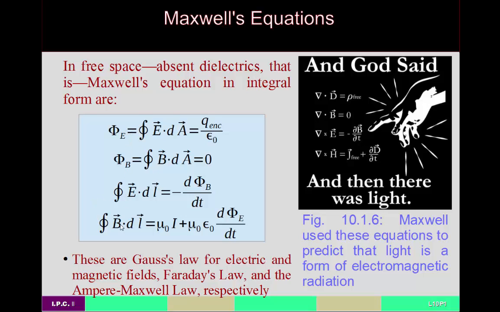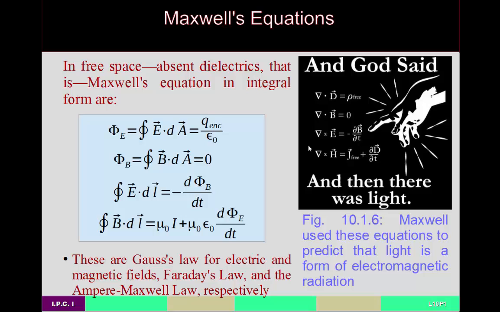And collectively, these four equations are the most fundamental of all equations in electromagnetism. You combine these with Lenz's law, which is the force law, F equals QE plus QV cross B, and now you have basically all of classical EM.